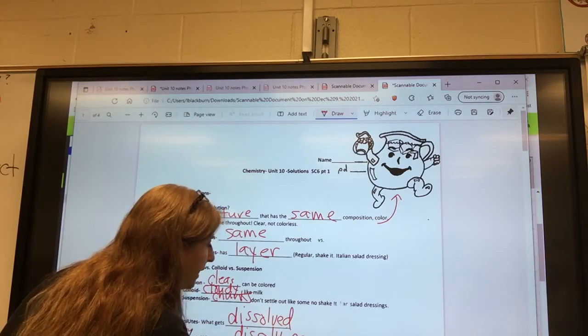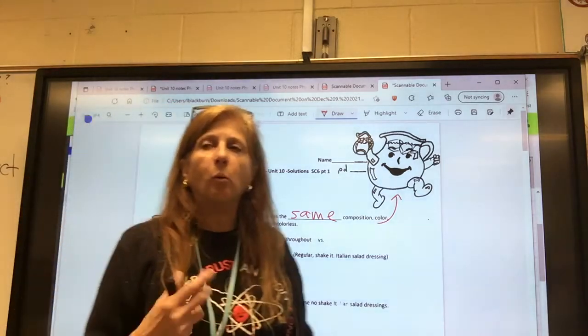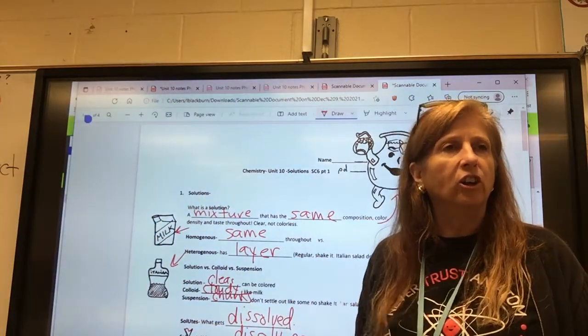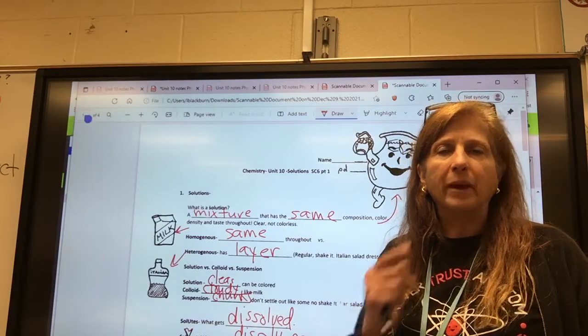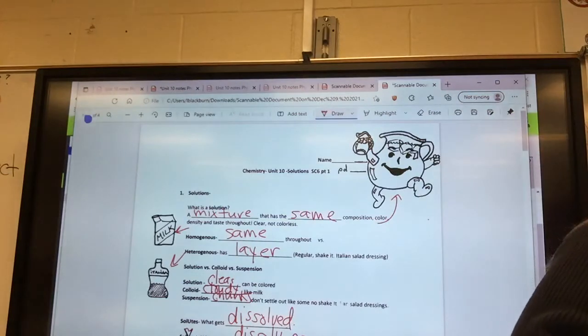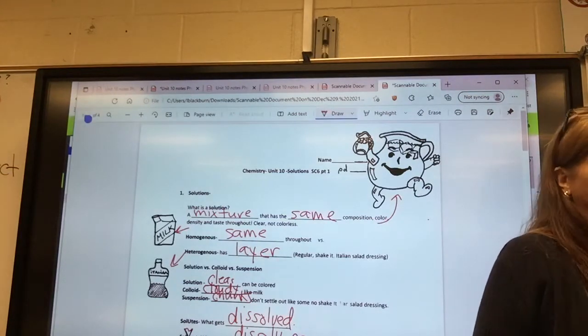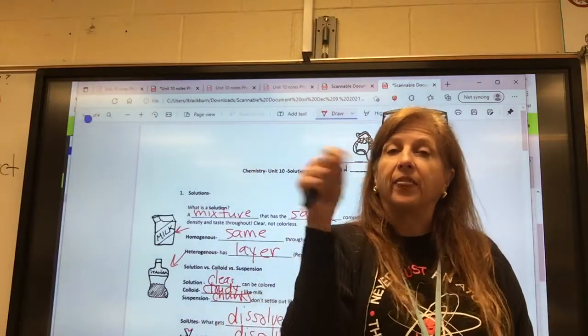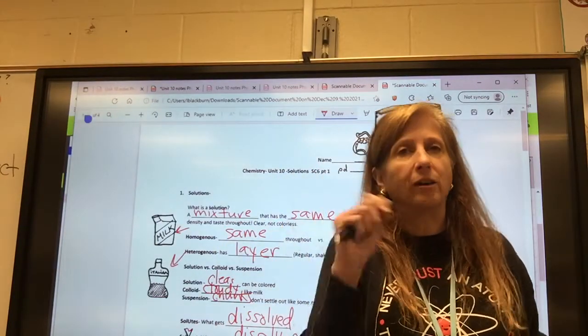If you're making Kool-Aid, the water is the solvent and the Kool-Aid is the solute. Does that make sense? What gets dissolved is the solute. What does the dissolving is the solvent. A lot of you, especially if you're an artist and you have to thin your paint, know about solvents.